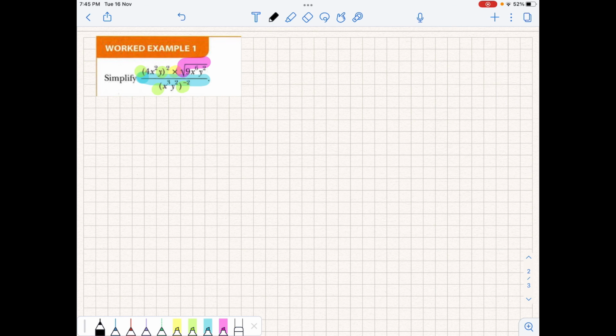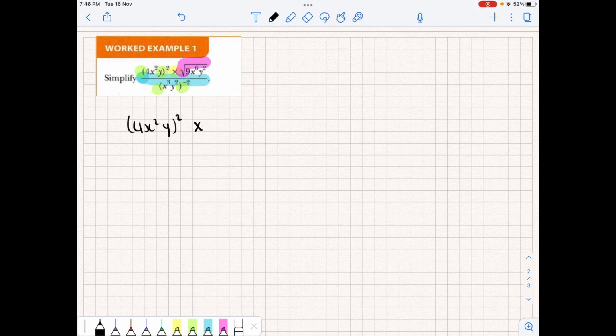We're going to look at everything in the bracket, and remembering that a square root is also just a form of a bracket. So let's take a look at these individually. If we take 4x squared y squared, we need to raise everything in the bracket by the power. Okay, and we'll get to that in a second.